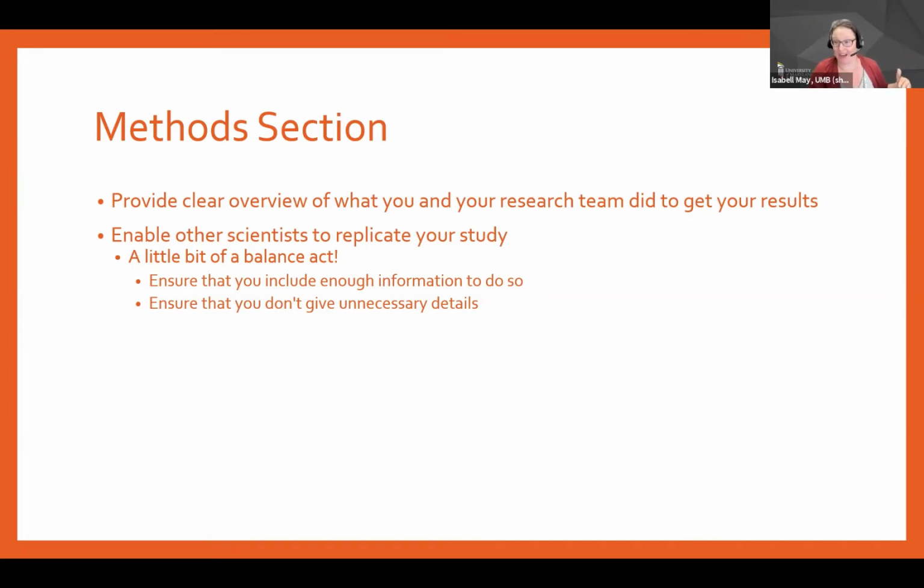What you could do is submit a copy of the survey as supplemental material, and some journals might actually ask for that, or you could provide a table with the questions in the survey. But in the actual text, you don't want to go into too much detail.